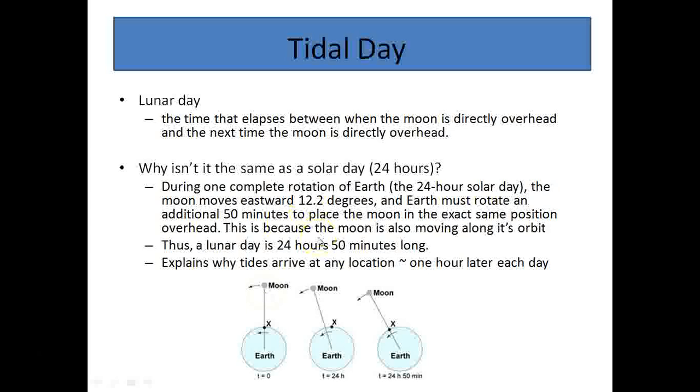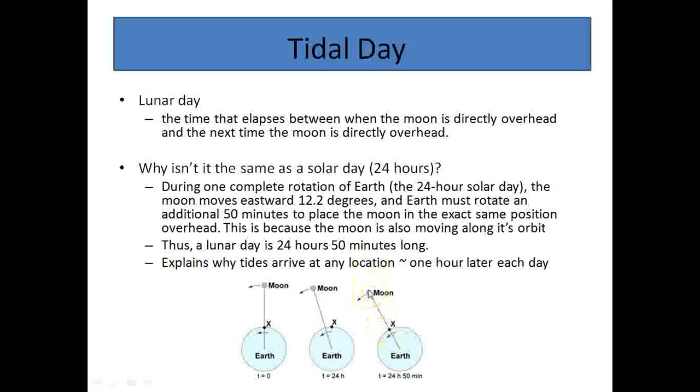Now if we watched the moon from that point as the Earth rotated, and we got to 24 hours, which is a solar day, the moon wouldn't be in the same position above us. In fact, the Earth has to rotate an extra 50 minutes or so in order for the moon to be in that same position above.